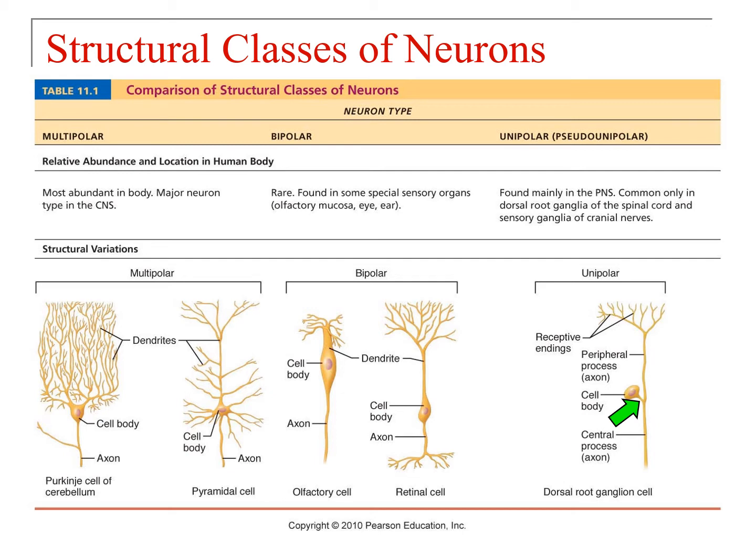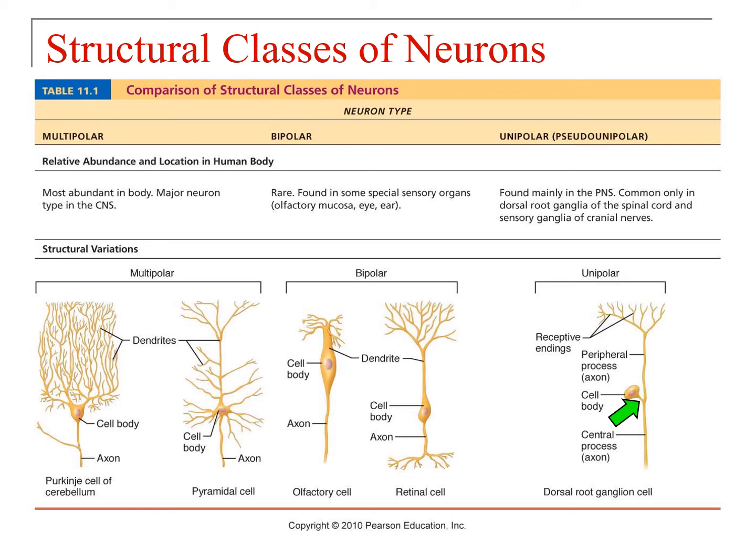So what is it that they actually do? The multipolar is by far the most abundant structural type of neuron in the central nervous system. The main reason is that these are the neurons present in your spinal cord and in your brain. With this being the major neuron type in the central nervous system, that's actually the majority of neurons in the body. Bipolar neurons are rare.